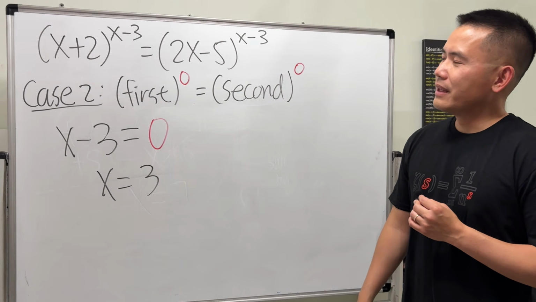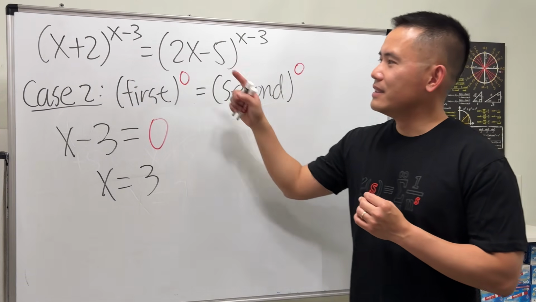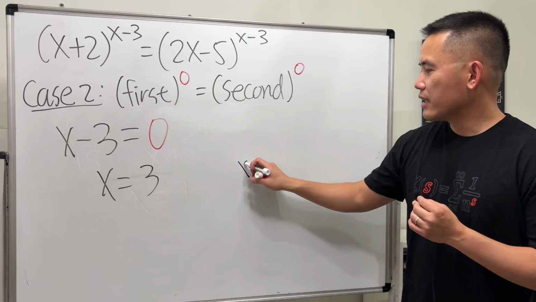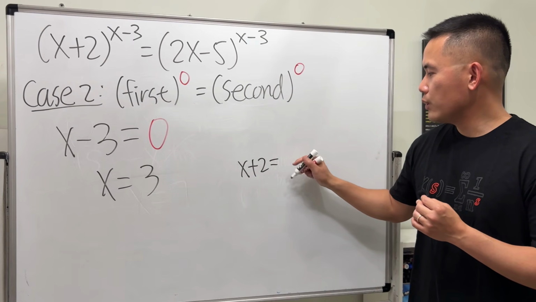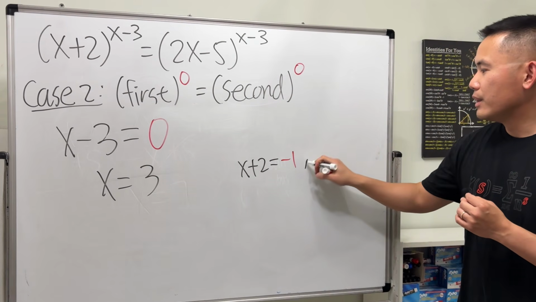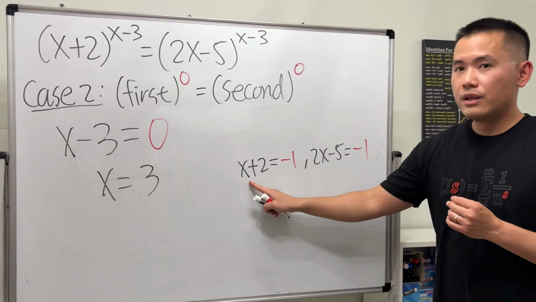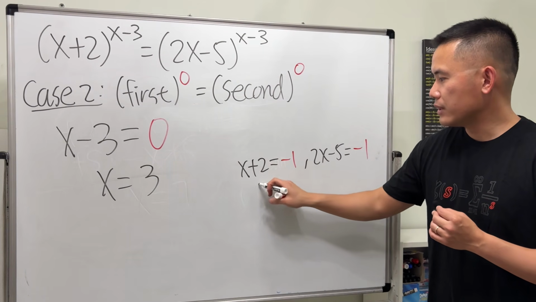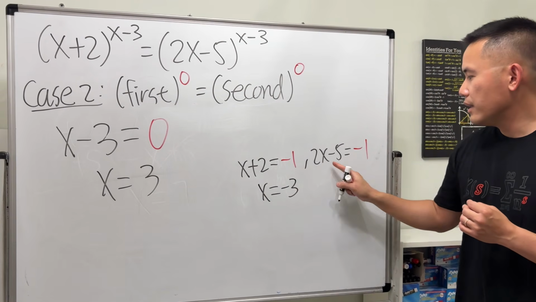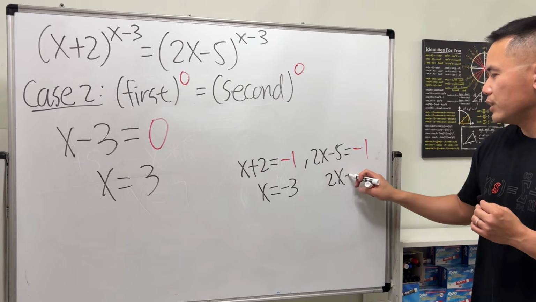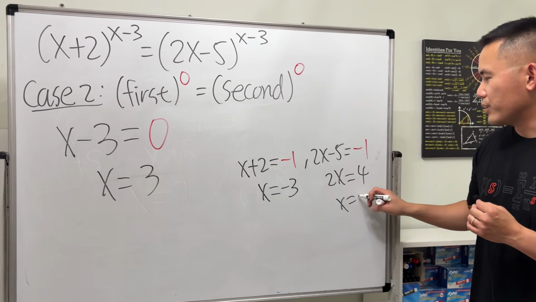Next though, can we make the base equal to -1? Well, let's just do a quick check. Can I make x plus 2 equal to -1, and in the meantime, 2x minus 5 equal to -1? For this one to happen, we will have to get x equal to -3. For this to happen, 2x is equal to 4, x is equal to 2.